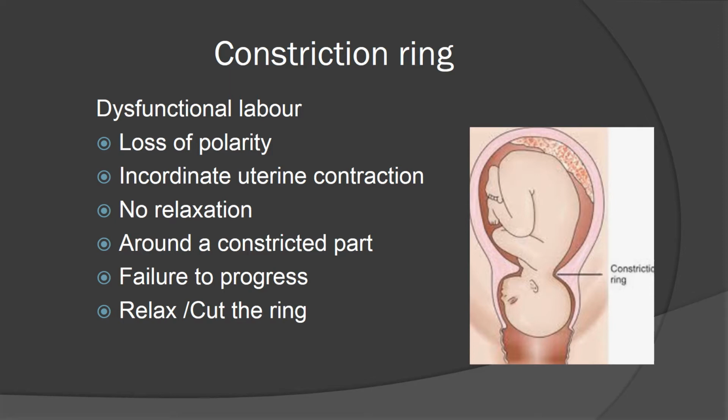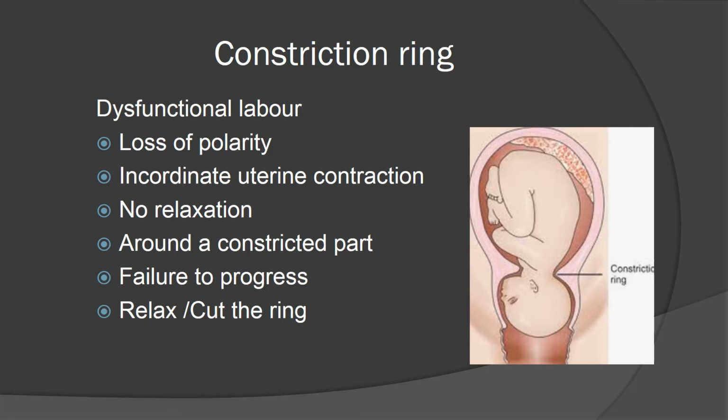There is loss of polarity, that means the different muscles, instead of contracting in a sequential manner, contract at their own pace at different times with different strength. And in a constriction ring, there may be one segment of the uterus which may not be relaxing at all and remains contracted throughout labor.